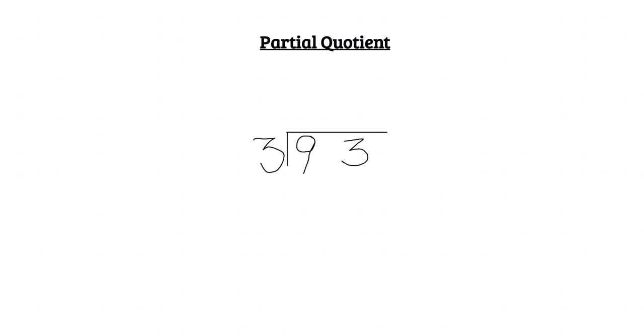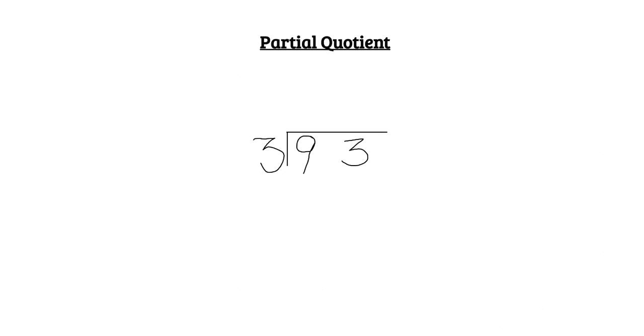Partial quotient is made for those who may struggle with multiplication a little, but this is an easier method than long division. Step one, you're going to say 3 times what is 93?